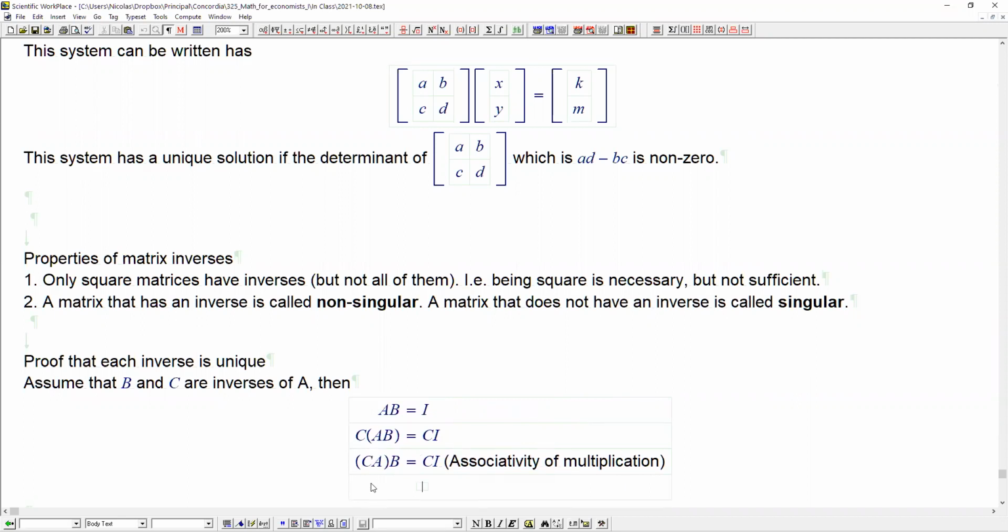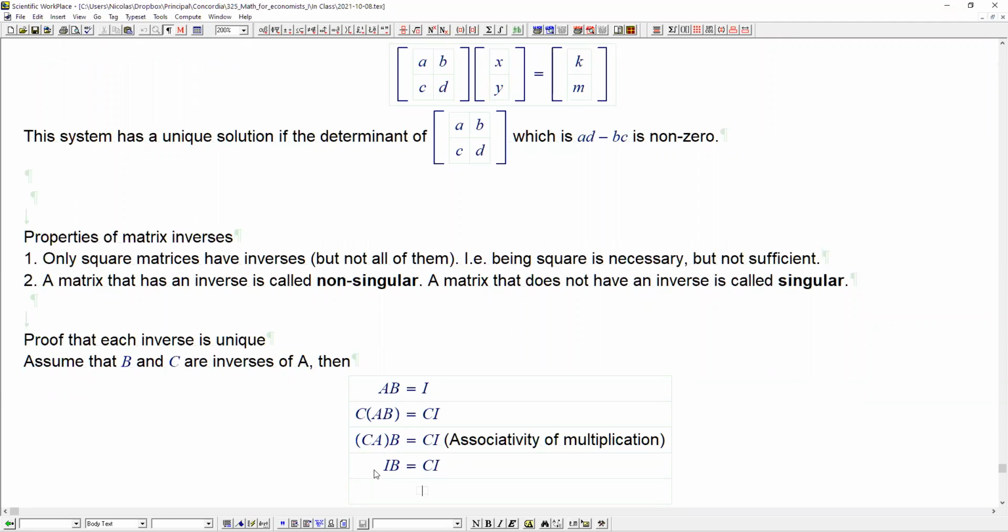And then what is CA equal to? C. Or oh, sorry, I as well. Yes, exactly. So I get that I times B equals C times I. And then this you can just write by assumption.